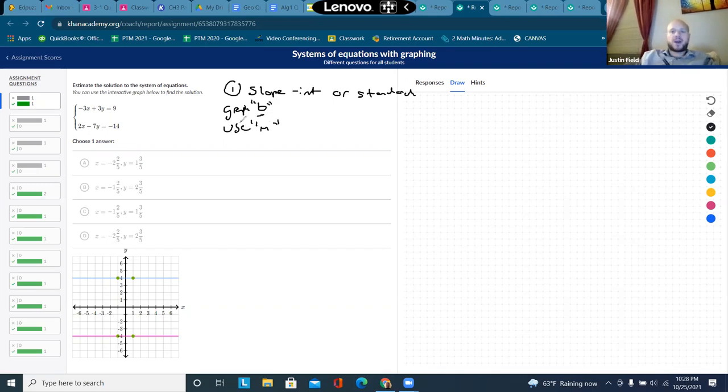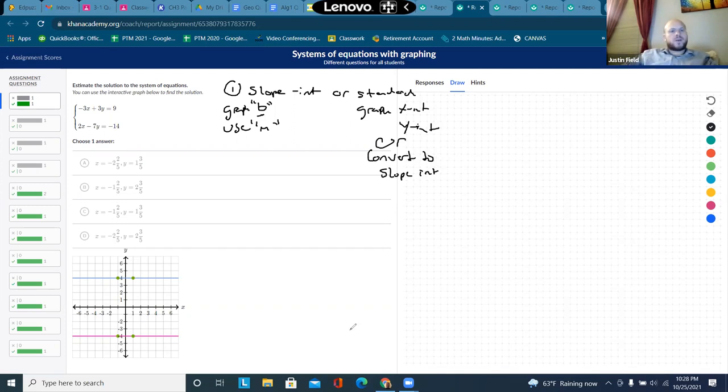Graph b, use m, get your line, right? In standard, you want to graph the x-intercept and the y-intercept, right? Or you could convert to slope-intercept.